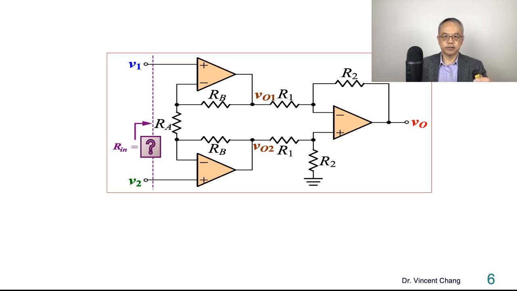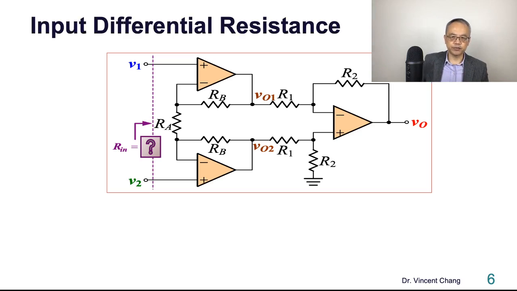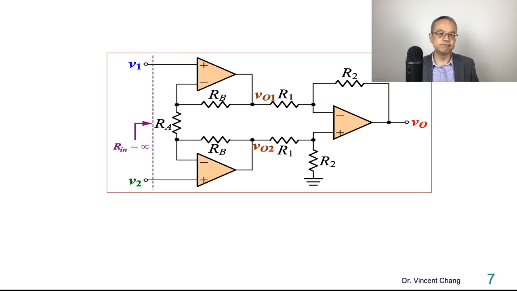The first question: what about the input differential resistance in this case? What's the current flowing into the first op-amp? What about the input current flowing into the second op-amp? Both are zero, right?